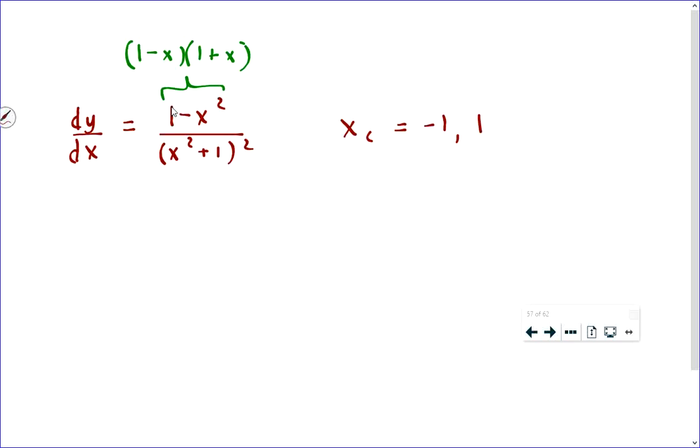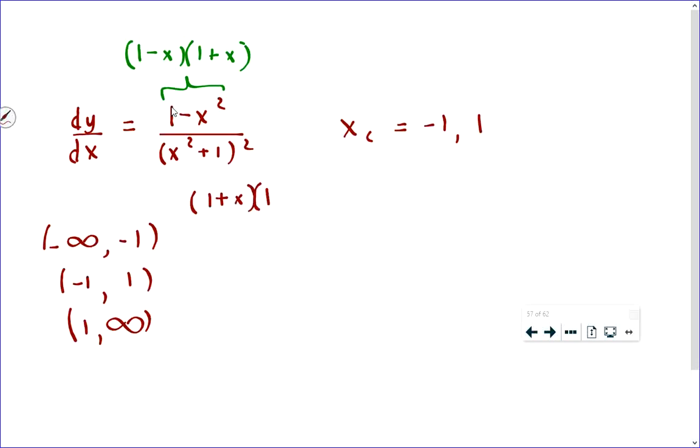Our first derivative table will go from negative infinity to negative 1, from negative 1 to positive 1, and from positive 1 to infinity. And across the top, we can have 1 plus x, 1 minus x, and x squared plus 1 squared.